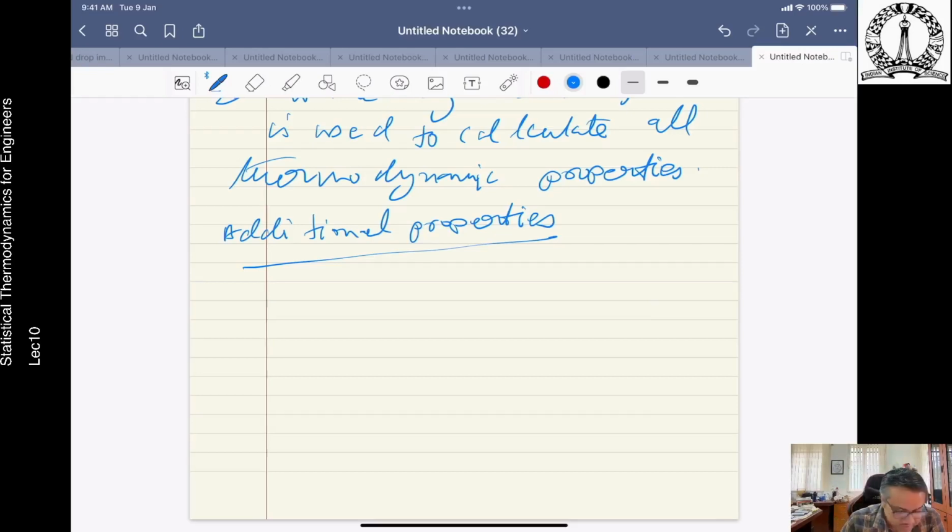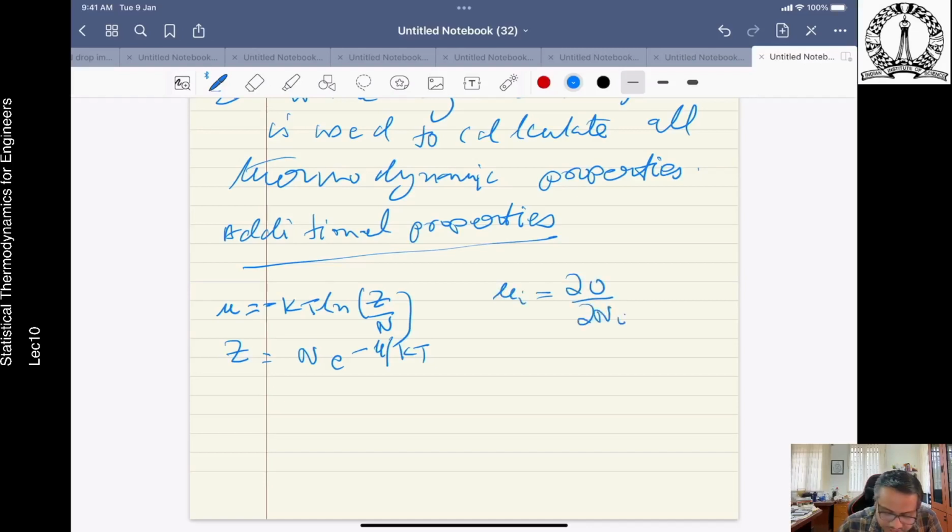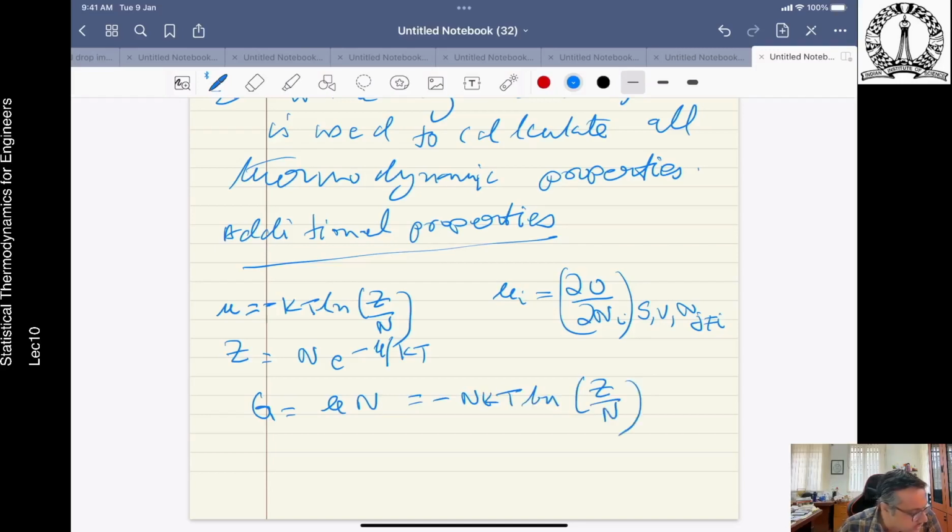So for example, mu, okay, can be written as minus kt ln z over n. So this is one. So mu i is equal to du by dni, for example, where you have s, v, nj not equal to i, right? Okay, similarly, we can also have g, the Gibbs, okay, is equal to minus nkt ln z over n.